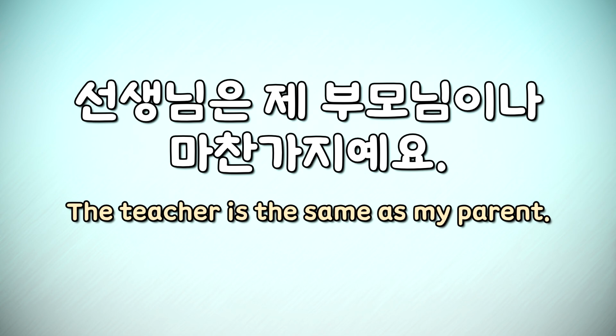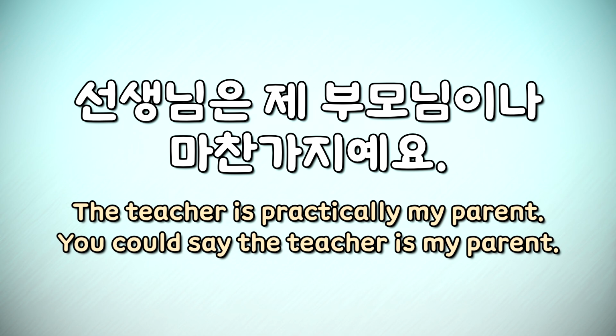선생님은 제 부모님이나 마찬가지예요. The teacher is the same as my parent. Now, while the same is a very literal and accurate way to translate this form, a more natural way to translate 마찬가지 when used in this form is practically, or even you could say. So a more natural way to translate our example could be, the teacher is practically my parent.